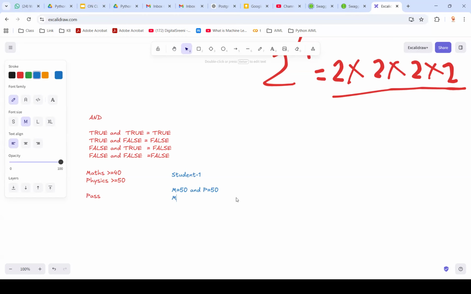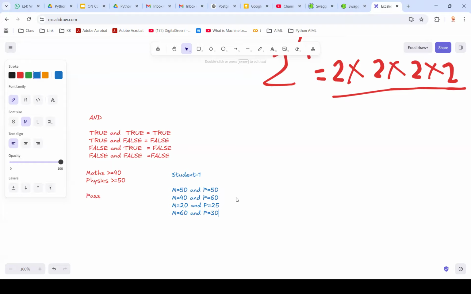Second case is maths he got 40 and physics he got let's suppose 60. In maths he got 20 and in physics he got 25. In maths, for example, let's suppose that student got 60 and in physics he got 30.